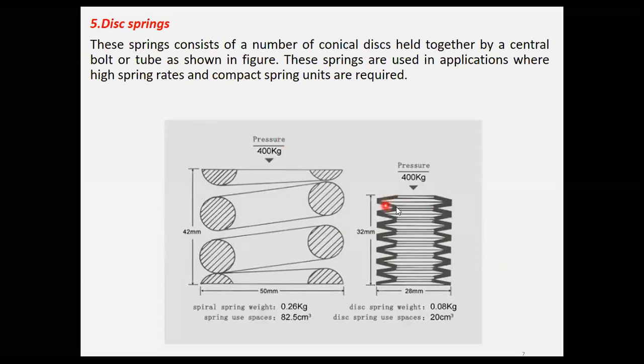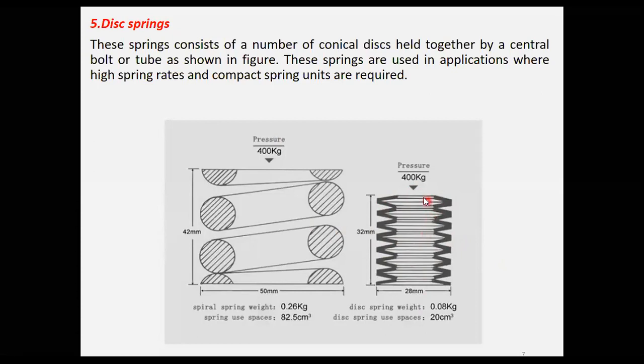It consists of a number of conical discs which are held together. How are they held together? By a central bolt or a tube. The central bolt or tube holds these conical discs.